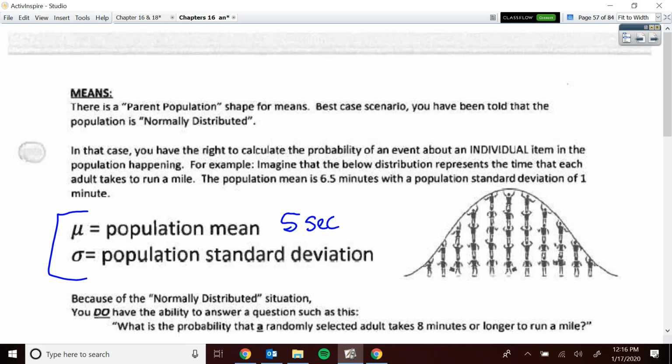So even though this example on this paper has some other numbers or has another situation, we're going to go with this. So I went through and I found the population standard deviation because I had tons and tons of data from past years. So the population standard deviation, I can't remember what it was, but we'll come back and visit this.